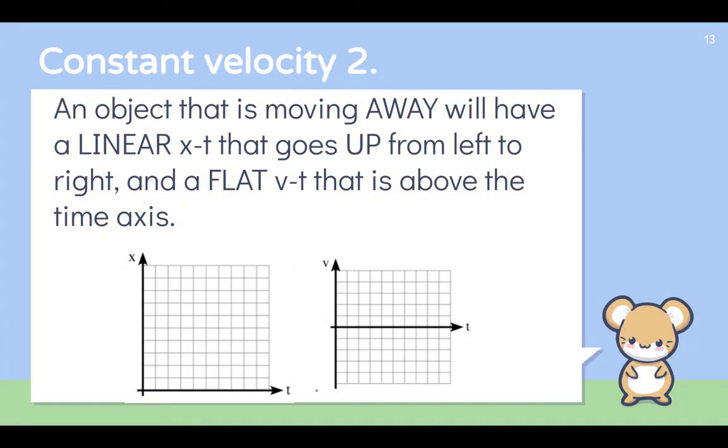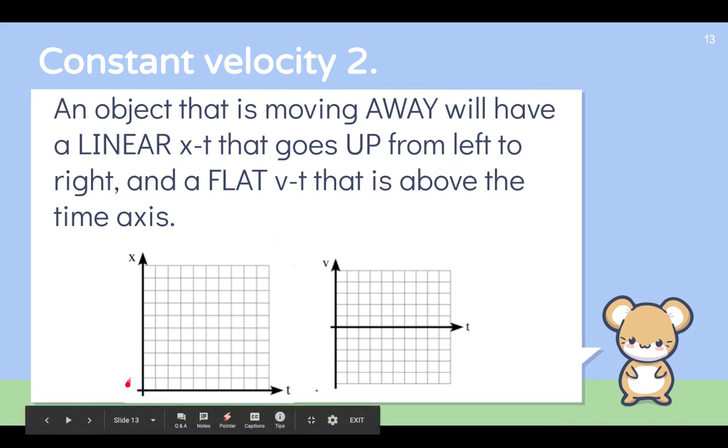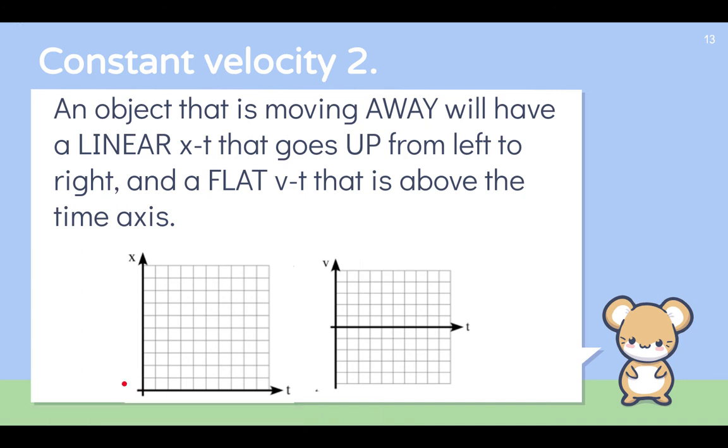The second instance is an object moving away will have a linear graph that goes up from left to right. So if we think about this corner as being the origin or the starting position, if an object is moving away, it will have a line that goes up from left to right.